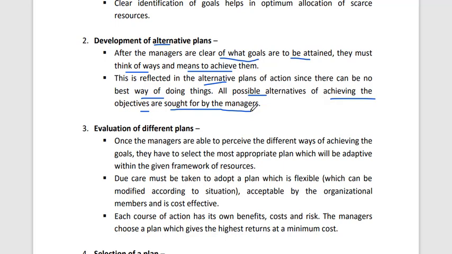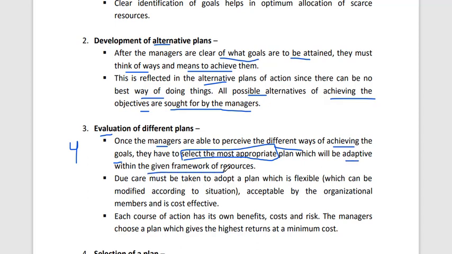Then the third step will be evaluation of different plans. Once the managers are able to perceive different ways of achieving the goals, they have to select the most appropriate one. From 3 to 4 plans, we have to select one most appropriate plan which will be adaptive within the given framework of resources.